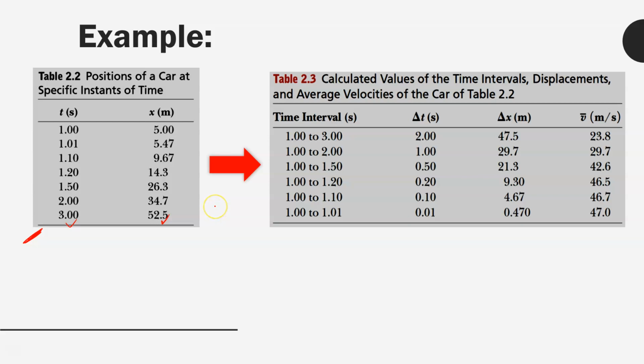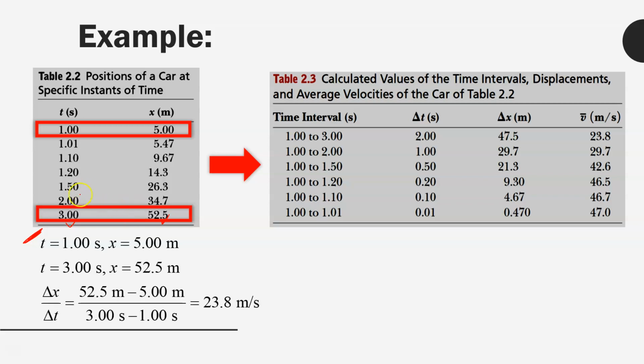In the interval from 1 to 3 seconds, the displacement is 52.5 meter minus 5 meter. So our average velocity is 23.8 meter per second over here.